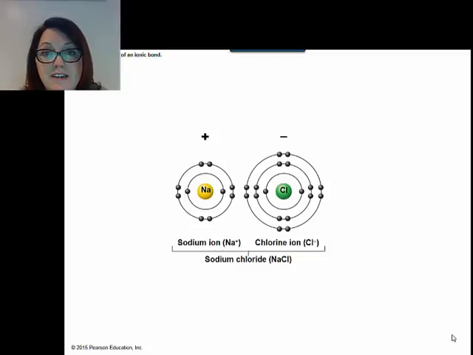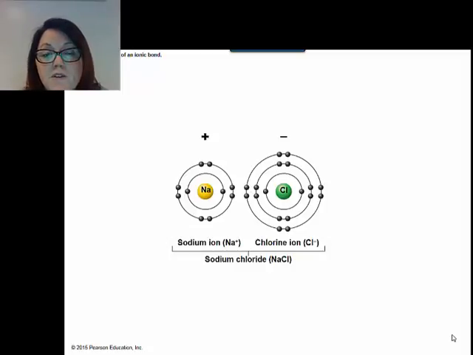So there's a T in cation, and the T looks a lot like a positive sign. Cations are positively charged ions. Right? Another way to remember this is that the cation is positive, like cats have paws. The anion then refers to a negatively charged ion.